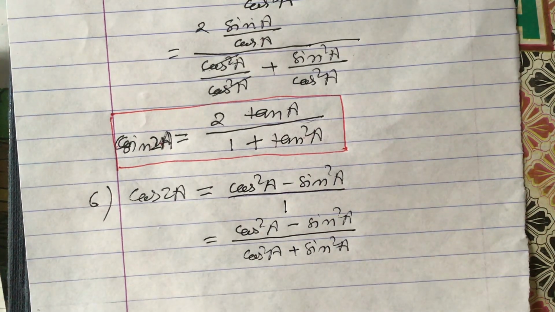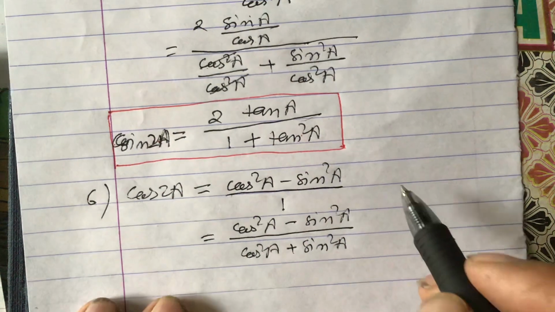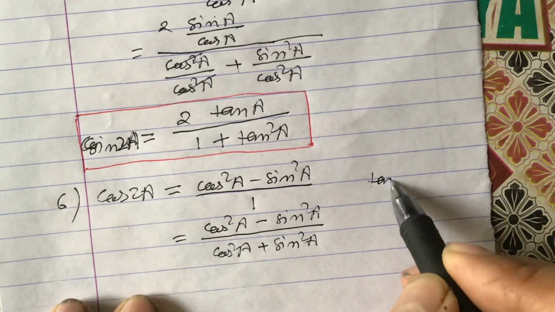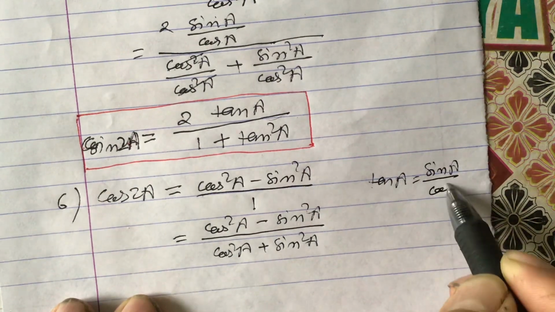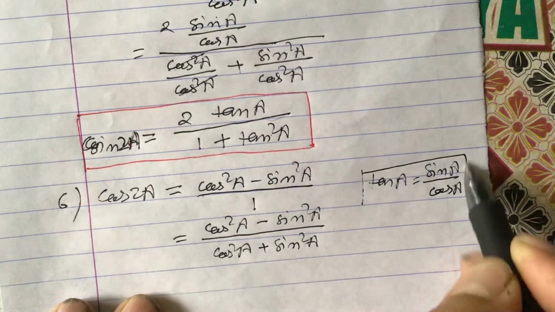Now what will we do? Here also we have to get tan, no? Tan A is equal to sine A by cos A. Here also it is the same formula.